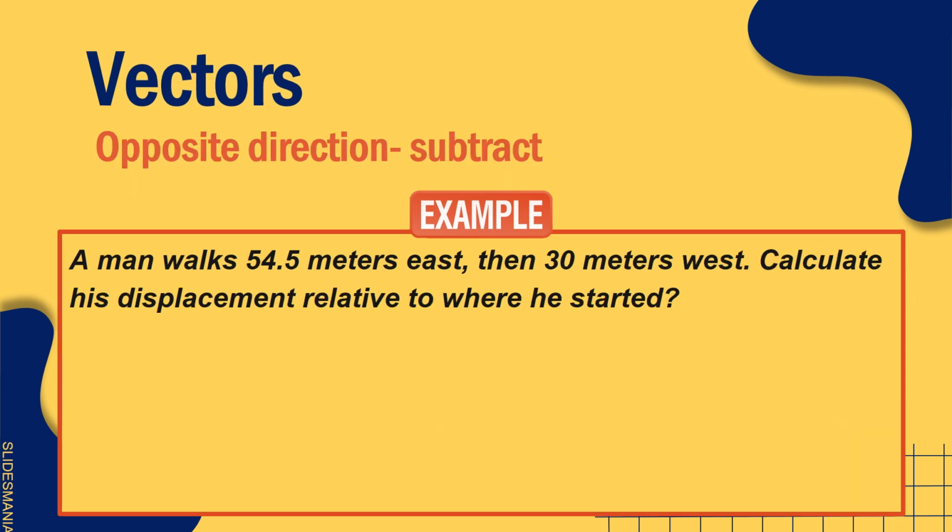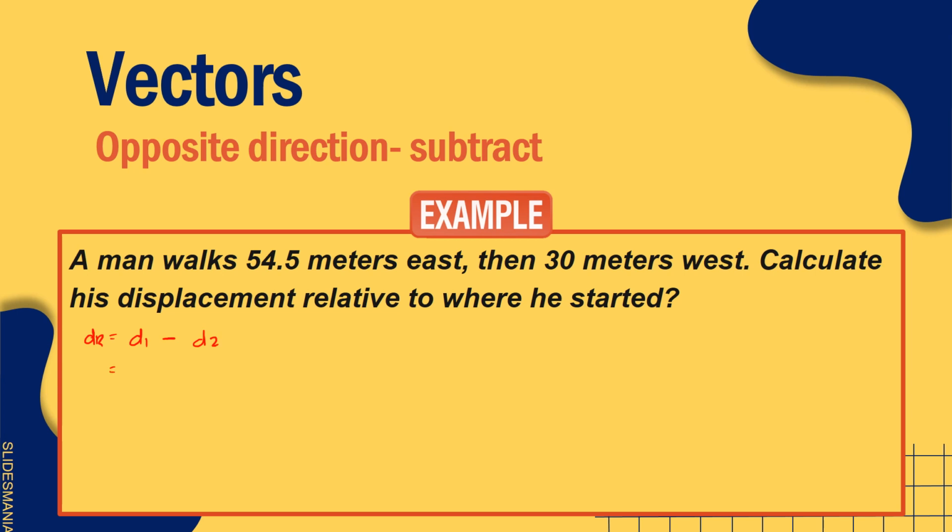Example number 2. A man walks 54.5 meters east, then 30 meters to west. Calculate his displacement relative to where he started. In this example, we are dealing with two different directions. That is why we are going to subtract those two displacements. So we have the formula dr is equal to d1 minus d2.